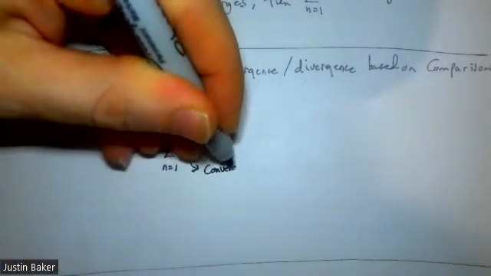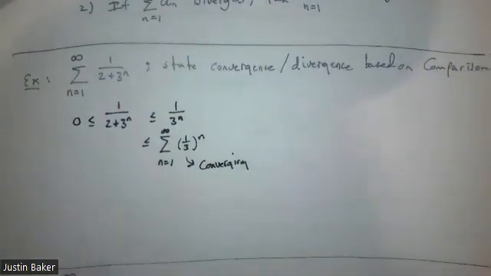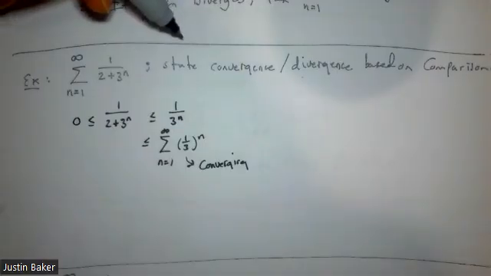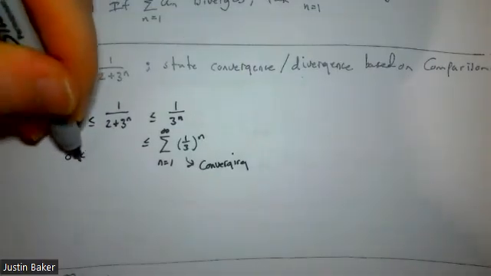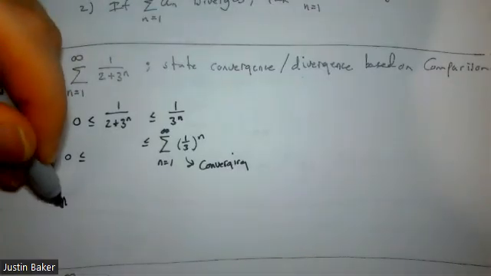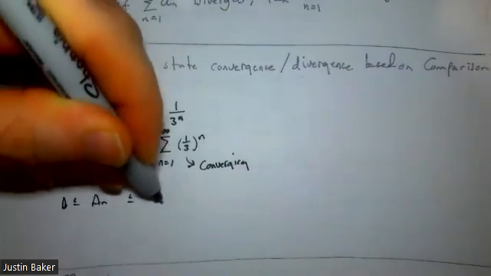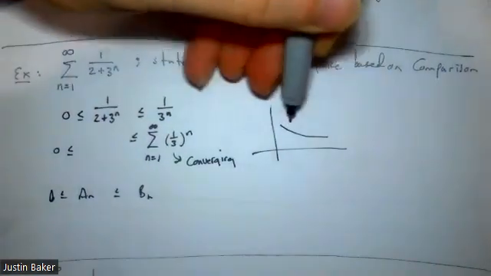Does converging make sense to you guys there? Okay, so now we just figured out that B of n converges. So what is my rule? Remember, this is 0 less than A of n less than B of n. And then keep that picture in mind that I showed you earlier.